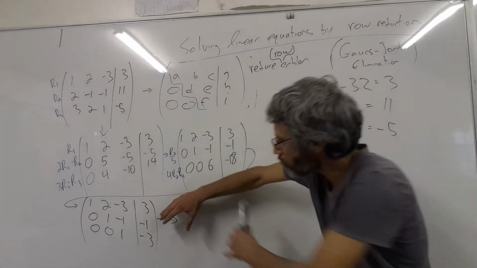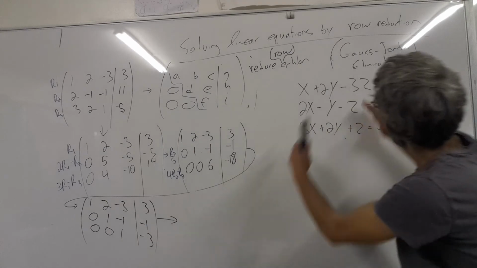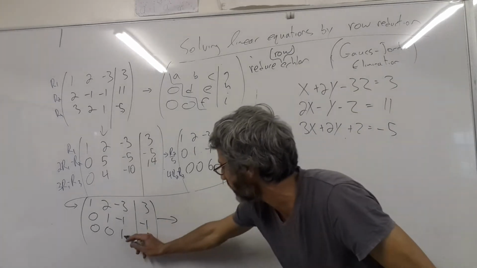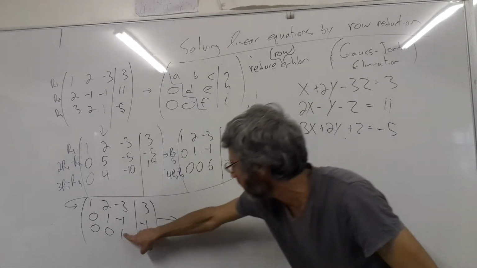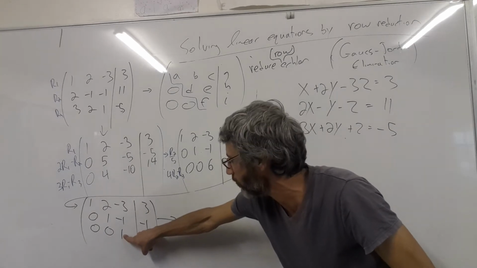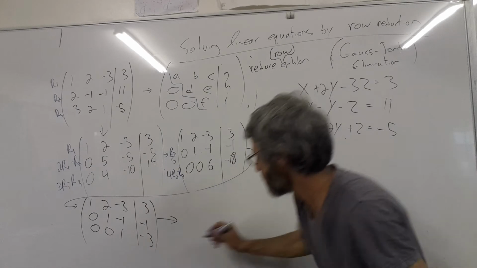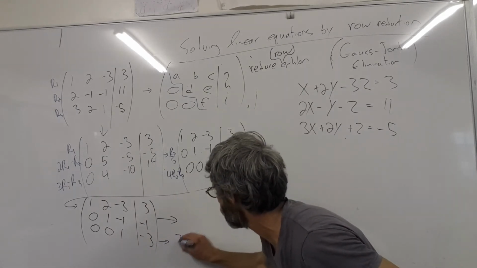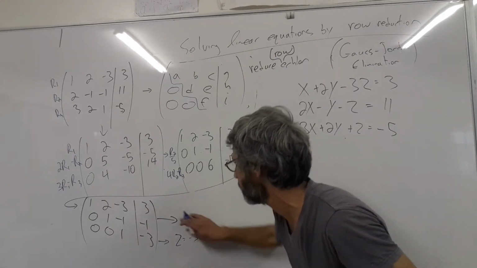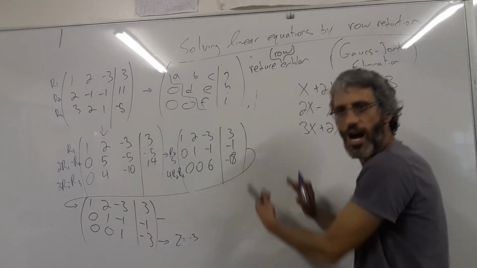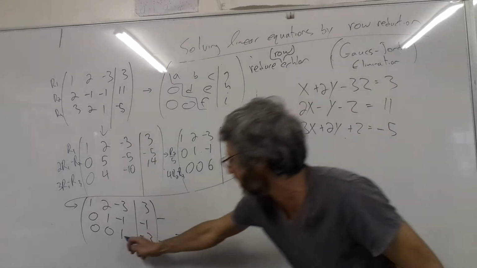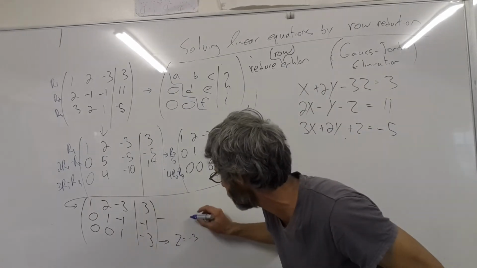I wrote down the whole system again, but actually I don't have to write it. I can just imagine it. I can see what this thing is. This tells you the coefficient of which variable? z. So already that equation tells you z equal minus 3. I showed you once how to write the whole thing, but from now you can say, okay, that just basically tells you z is minus 3.